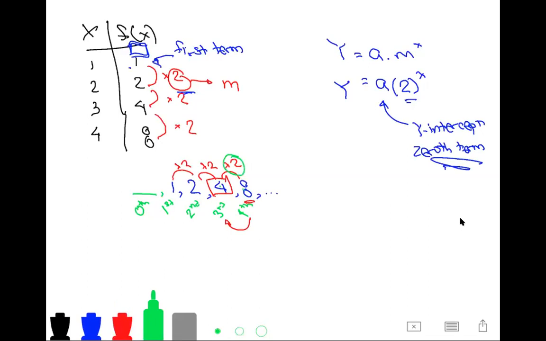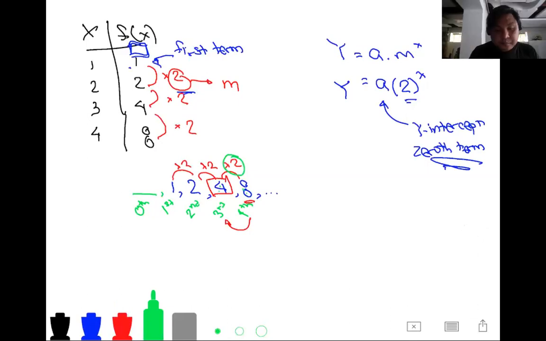Thus, if you move from right to left, the opposite direction, it's not difficult to assume that you will be doing the opposite of multiplying by 2, which is division by 2. 8 divided by 2 gives you 4. 4 divided by 2 gives you 2. 2 divided by 2 gives you 1.